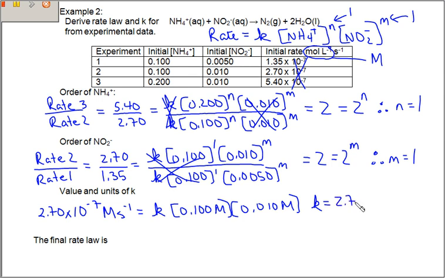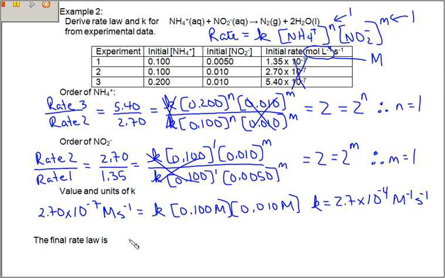2.7 times 10 to the negative 4th, molarity negative 1, second negative 1. Notice that we had to divide through by molarity and molarity again, so we ended up with molarity to the negative 1.